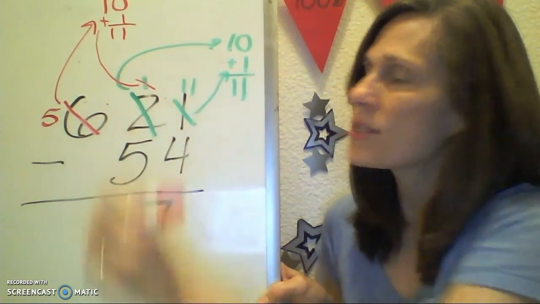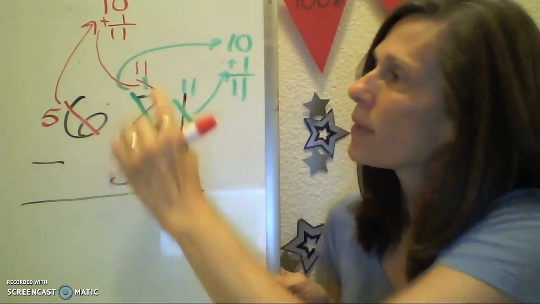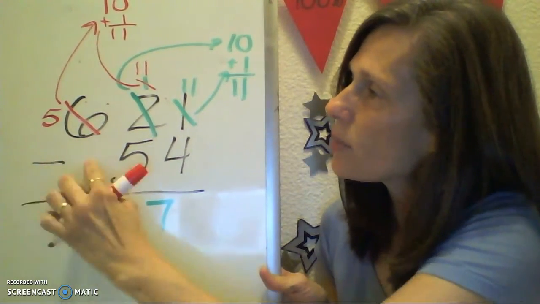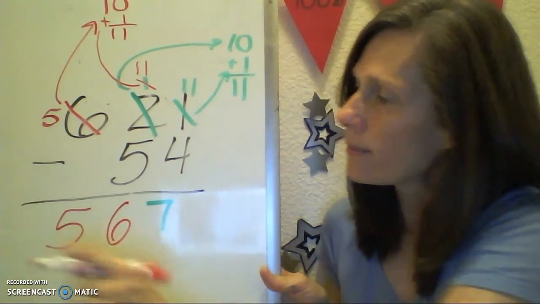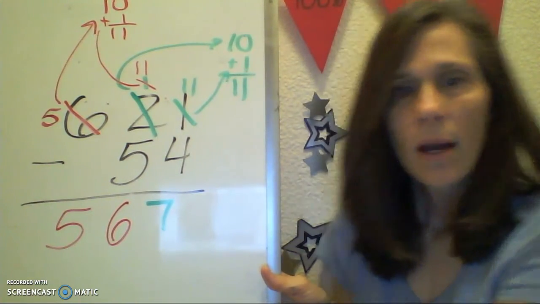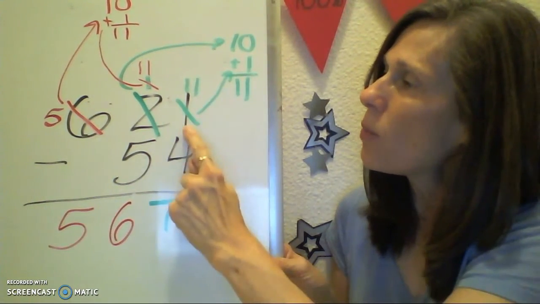So now my 1 is no longer a 1. My 1 is now an 11, right? And 11 take away 5 equals 6. 5 take away nothing equals 5. Okay, so 567.